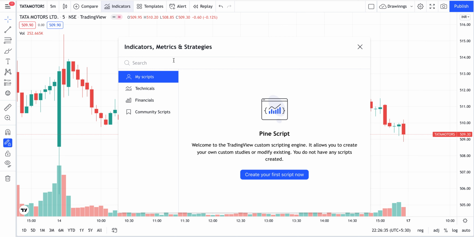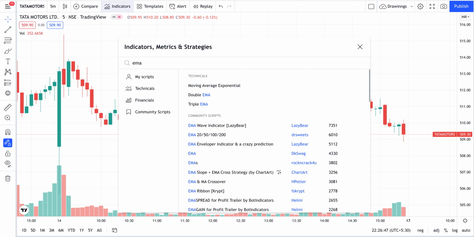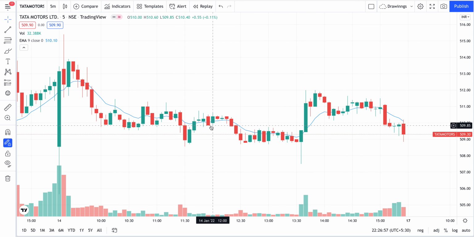Exponential moving average is more useful than the other one, so we are going to use the exponential moving average, or EMA. I'm going to type EMA. We can see moving average exponential here. We can click on it. See, the moving average exponential has already come here.